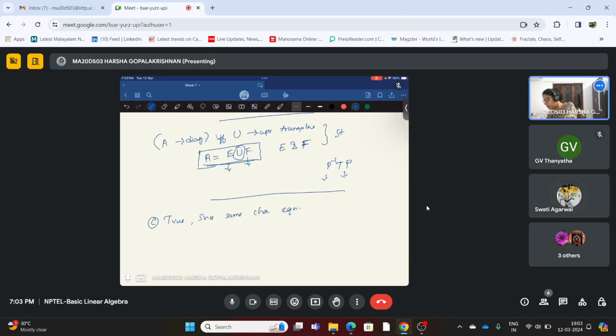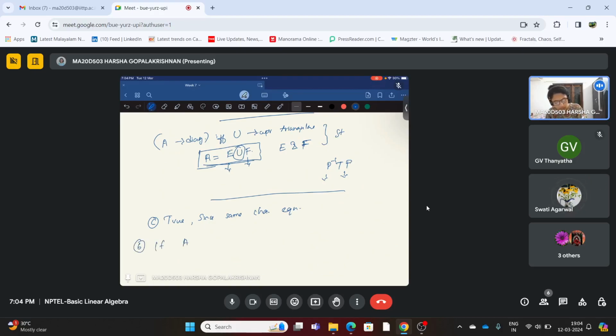Okay, now using this we can do one more application of the spectral theorem. I will give the question. You just see, you have to use the spectral theorem here.